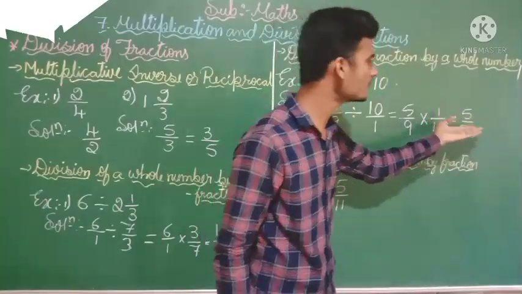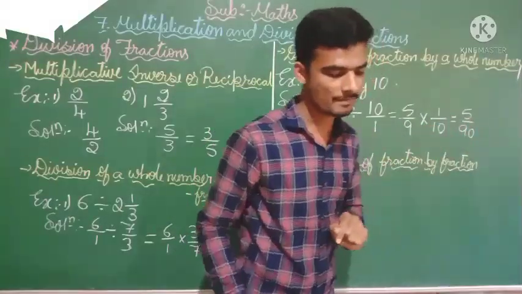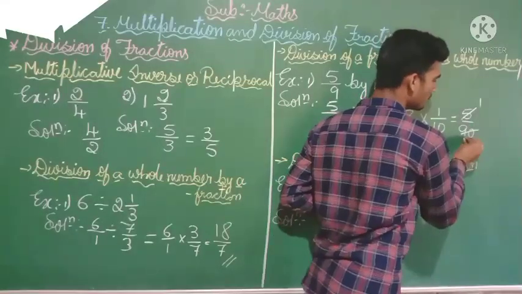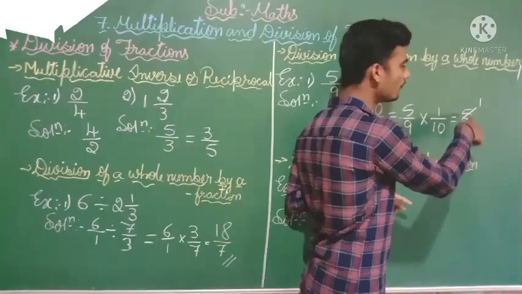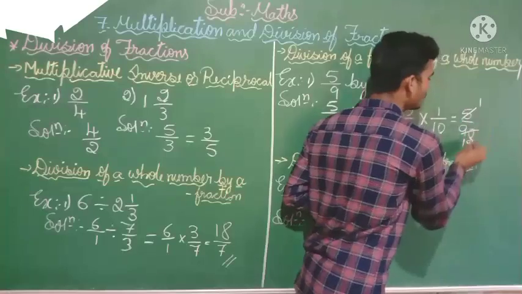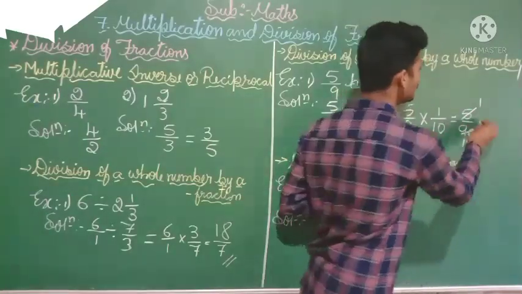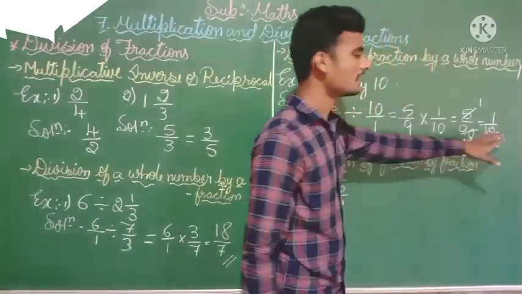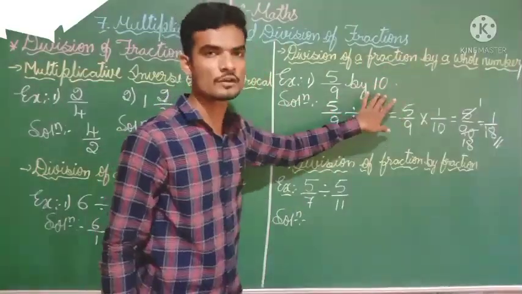So we reduce this to the lowest term by simplifying these two numbers. 5 ones are 5, here also 5 ones are 5, then how much remains here? 4 remains, so it becomes 40. 5 eights are 40. 5 18s are 90. So our answer is 1 by 18. In this way you find the solution for this type of problems.